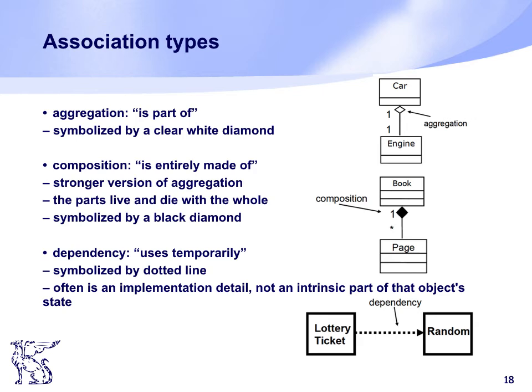We have added 3 examples here. Aggregation is symbolized by a clear white diamond, composition is symbolized by a black diamond, and dependency is symbolized by a dotted line. So these are 3 kinds of association that will be used in class diagrams.